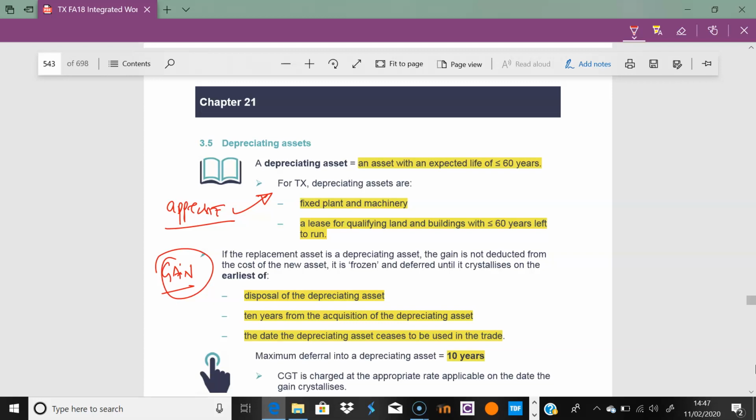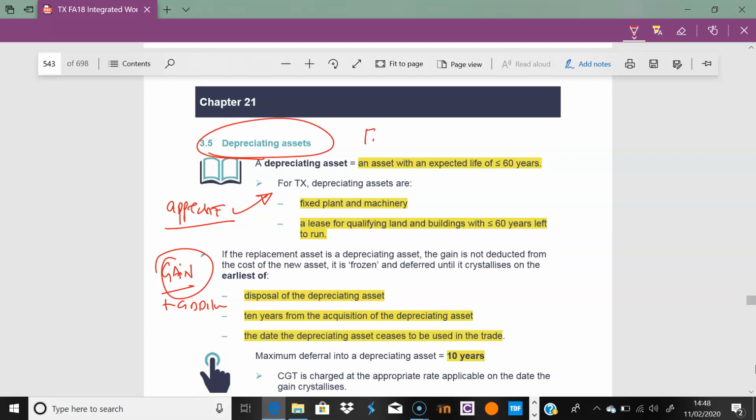You have the gain that's come from the old asset plus additional gains as you keep going year on year. But imagine you have an asset that's falling in value. You put the gain in there, but because the asset's depreciating in value, of course that gain will disappear or wither through usage. And so the argument is that for depreciating assets, we do not deduct the gain from the cost of the new depreciating asset.